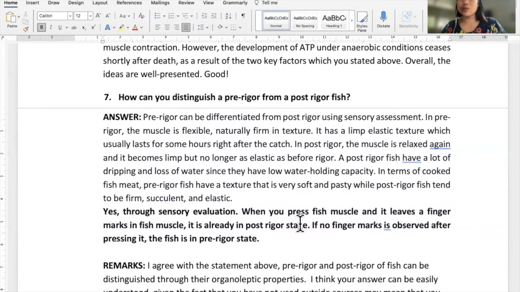I don't know if you also go with your mother to the market, but that's their purpose. If your finger leaves a mark on the muscle or the skin, that would mean the fish is partially spoiled or already stale. Okay?